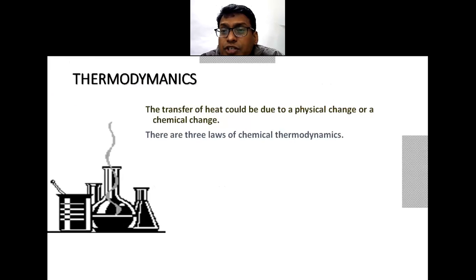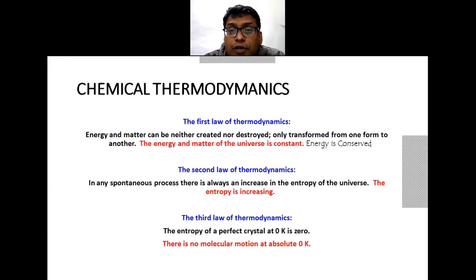So the transfer of heat could be due to a physical change or a chemical change. In thermodynamics we have three laws. The first law says energy is conserved: energy and matter can be neither created nor destroyed, only transformed from one form to another. That is, the energy and matter of the universe is constant.